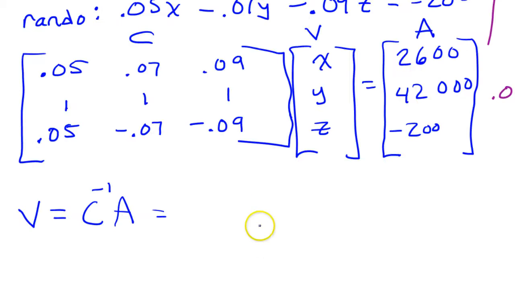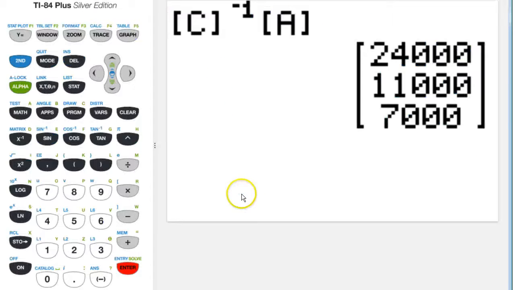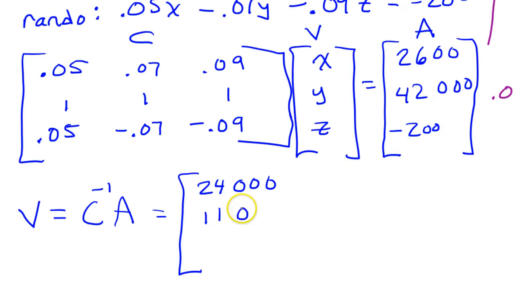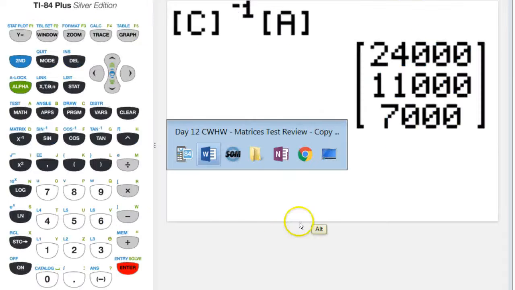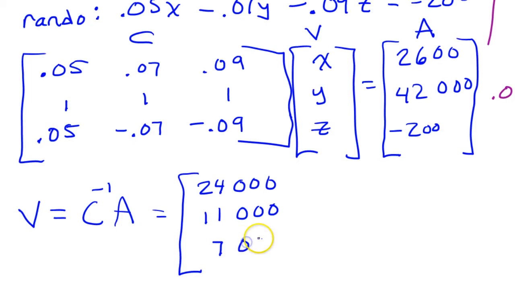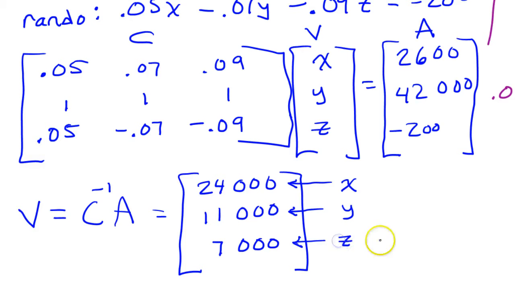So 24,000, 11,000, and 7,000. Okay, and because of the way our variable matrix was set up, understand that the top number is x, the middle number is y, and the bottom number is z.